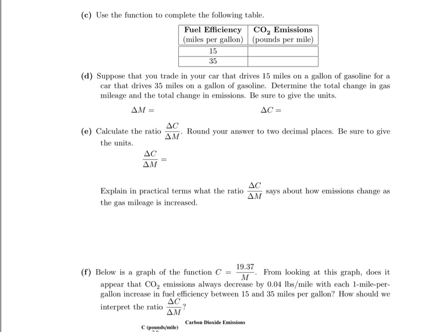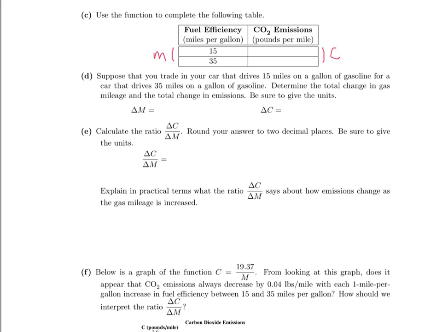Let's look at part C. Let's use the function we just calculated to complete the following table. Notice that in the first column of the table we have our fuel efficiency values. These are values of m. And the second column in our table has carbon dioxide emissions in pounds per mile. These are C values.